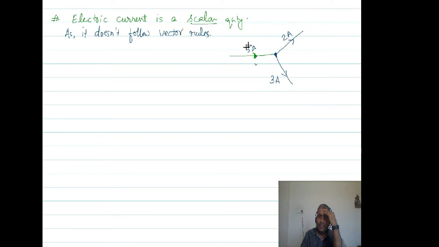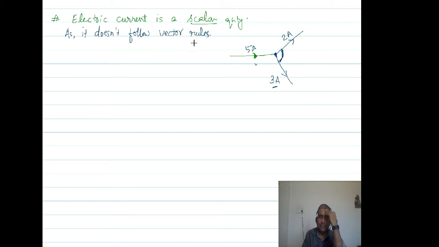So here we are simply doing the algebraic sum. 3 plus 2 equals 5, right? This is very easy to understand: the resultant does not depend on this angle. Whatever the value of this angle, the sum will always be 2 plus 3 equals 5. So this does not follow vector rules.